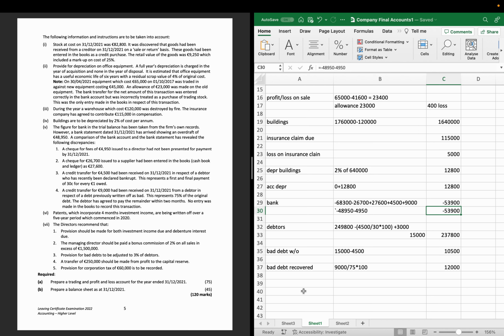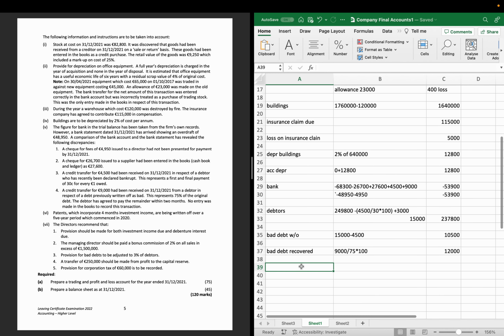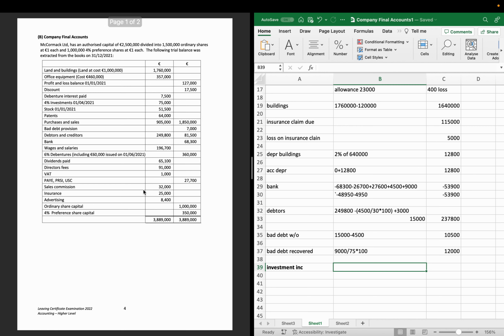Patents which incorporate 4 months investment income are being written off. So we need to work out the investment income first. So if we go and look, we've got 4% investments which we got in the first to the fourth. So we've got 4% of 75,000 by 9/12. So the investment income is 2,250.